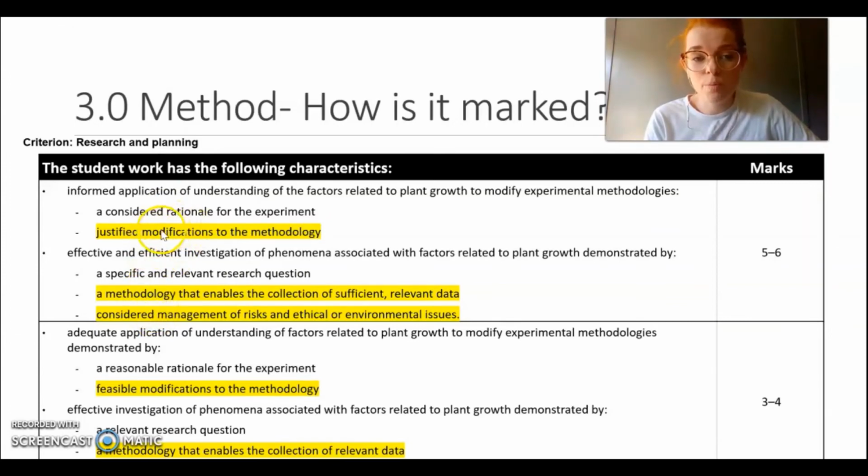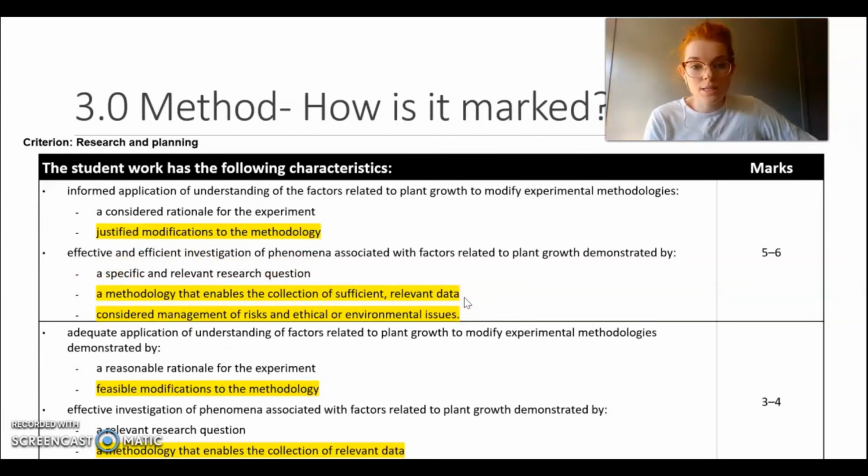So that means that if your method is rubbish, you're going to struggle with this criteria. So make sure that you have justified modifications, because the alternate is that you have feasible modifications and that's dropped you potentially 3 points.